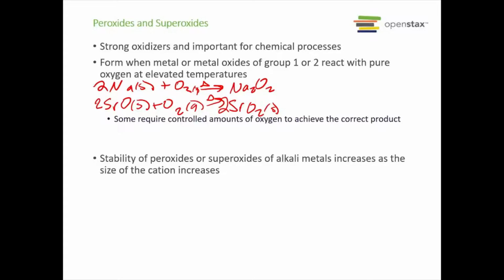They need to have a controlled amount of oxygen. For instance, for potassium, if you use 2 moles of potassium for every 1 mole of oxygen, you get K2O2, potassium peroxide. But you can also get potassium superoxide if you have 1 mole of potassium for every 1 mole of oxygen.